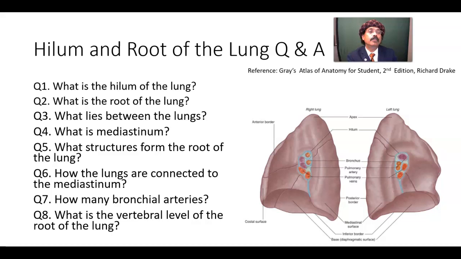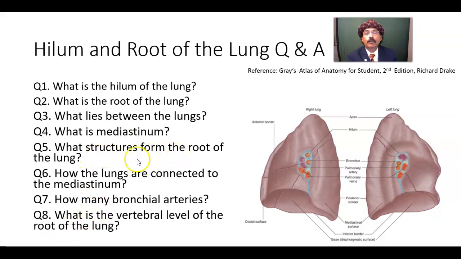The structures in between the lungs form the mediastinum, such as the heart, the blood vessels, the esophagus. Lungs are not a part of the mediastinum. In between the two lungs, we have the mediastinum.